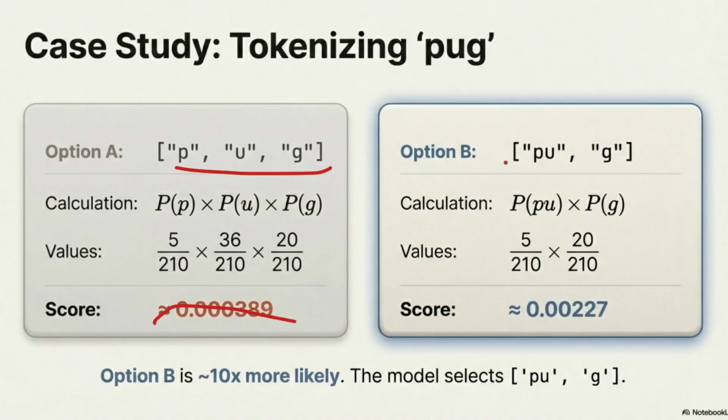In option B, it's split between B, U, and G in a different way. We do the same thing, and then we get this score. Because this has a higher probability, it's the better segmentation.